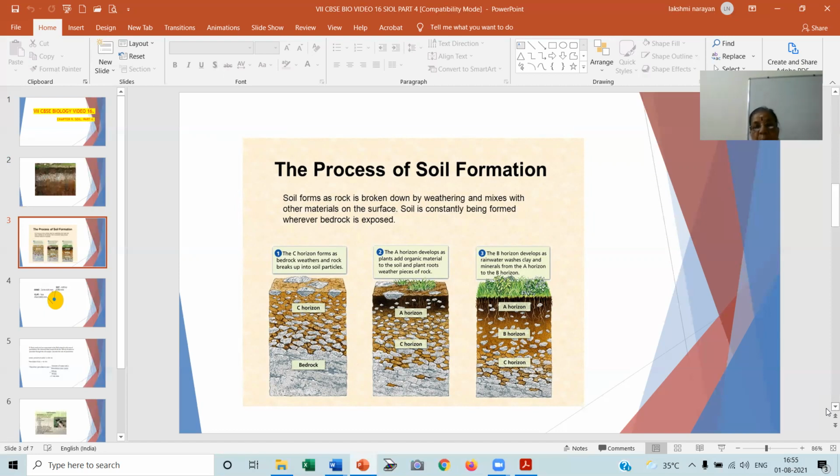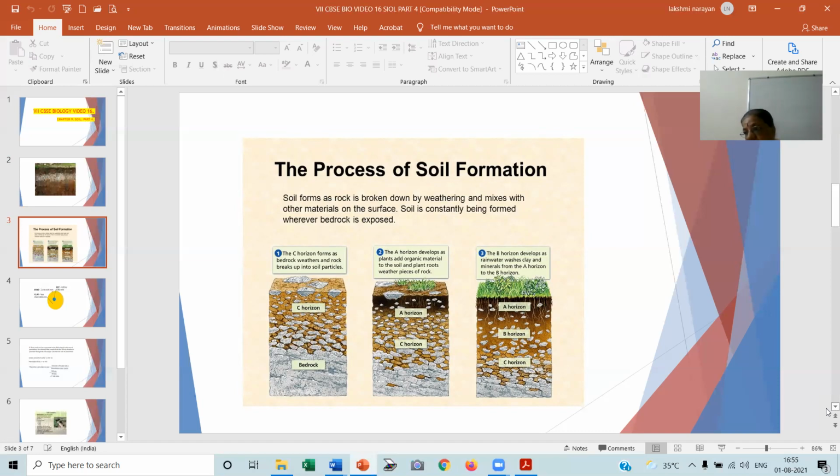In all three figures the bottom will be the bedrock. Then we find the C horizon, B horizon and A horizon, and the A horizon at the top is the topsoil.